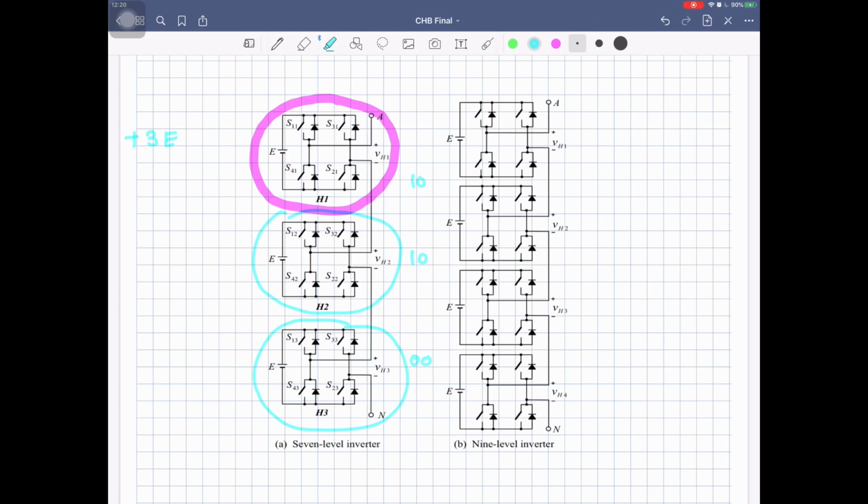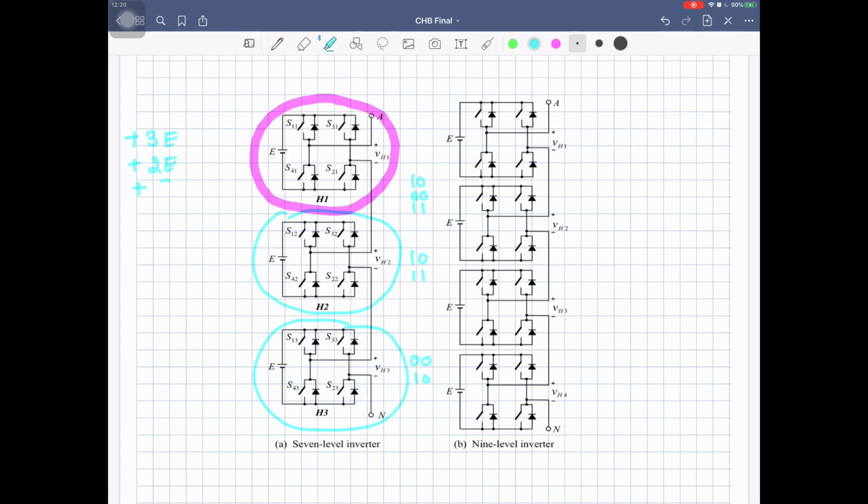Either use the first two inverters and keep the third one off, or turn off the first inverter by applying 0 0 or 1 1, and then use 1 0 and 1 0 from the other inverters. So a number of possible combinations are there to get 2E.